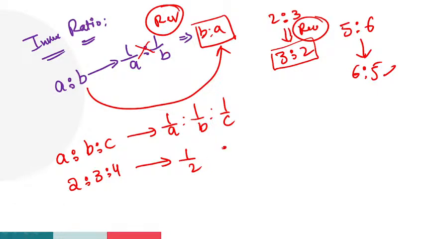1 by 2 is to 1 by 3 is to 1 by 4, with 2, 3, 4 as denominators.